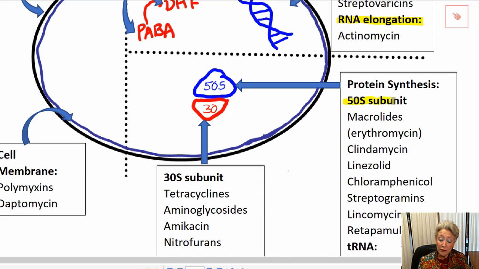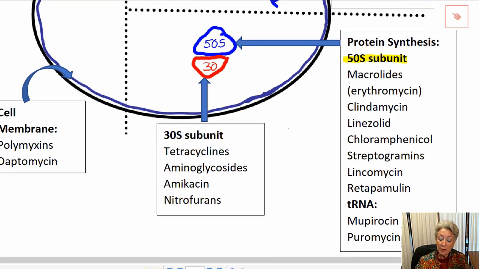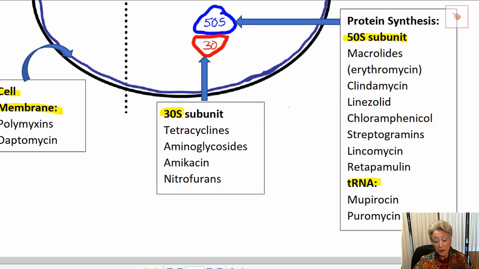So those that act at the 50S ribosomal subunit, the macrolides, clindamycin, chloramphenicol, etc. Remember, the tRNA specific ones are mupirocin and puromycin, and the ones that act at the 30S ribosomal subunit are tetracyclines and aminoglycosides, primarily. The cell membrane is the target of polymyxins and daptomycin. So with apologies, there are lots of drugs to be known here.